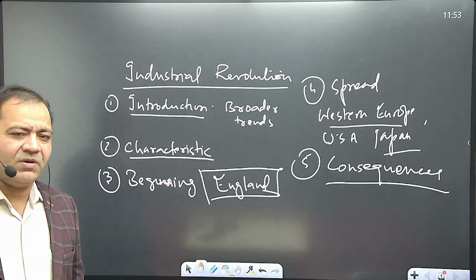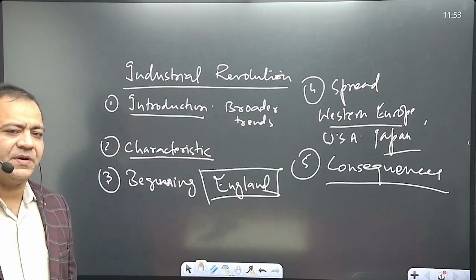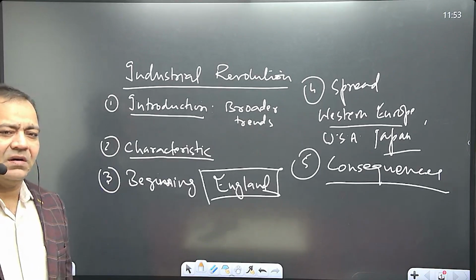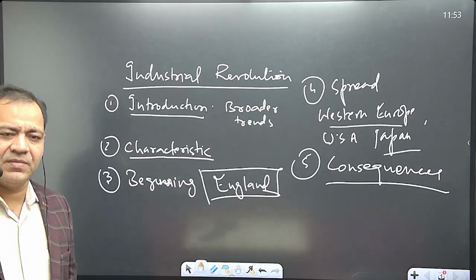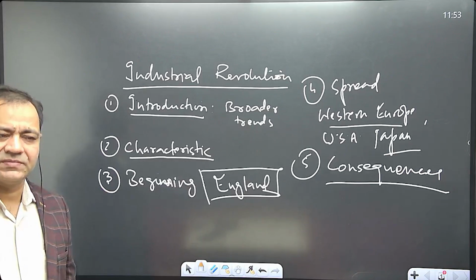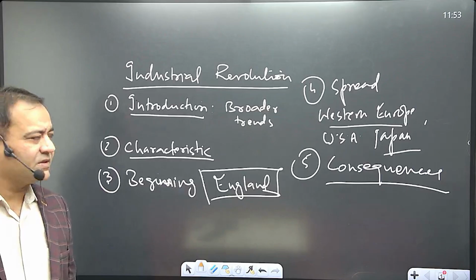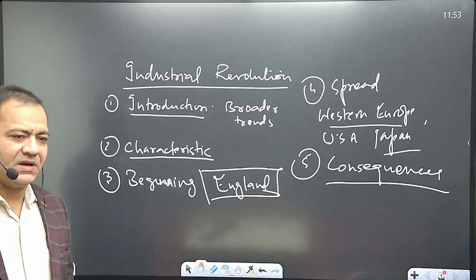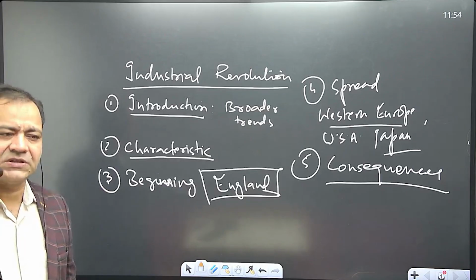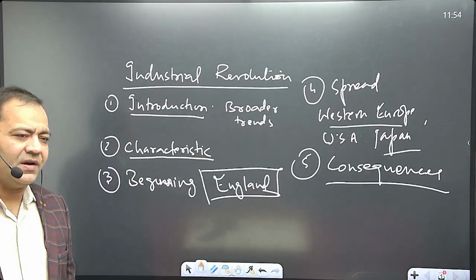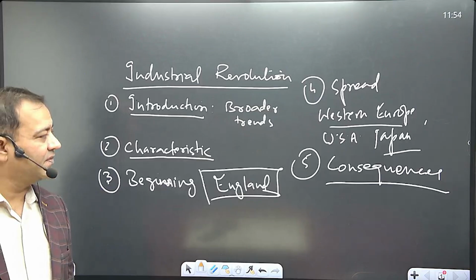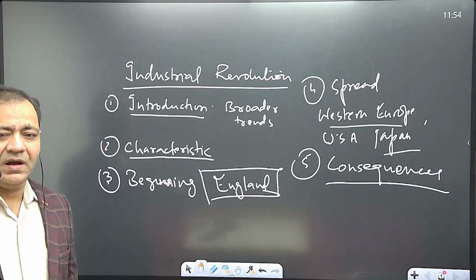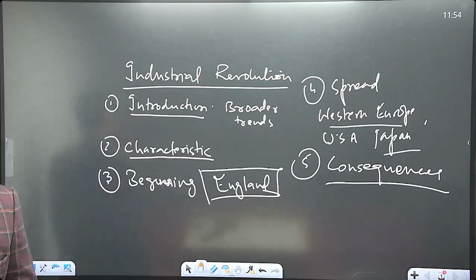This is exactly what we have also discussed as part of our syllabus, rather as part of the subjective reorganization of the syllabus. Do you remember that? So these topics are similar: capitalism, mercantilism, industrial revolution, beginning in England, spread in Europe, USA, Japan, modernization of Japan, consequences. These topics we can cover in one go, and I hope you understand the reason: the interrelations are very strong.